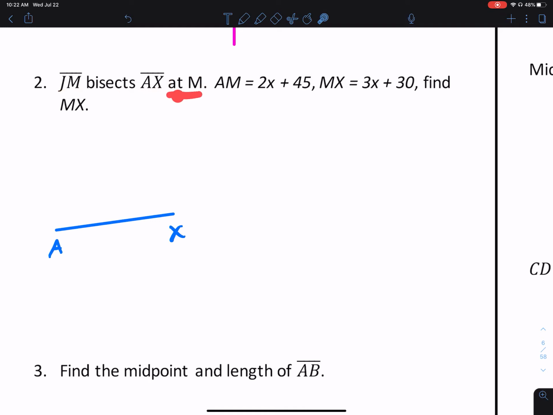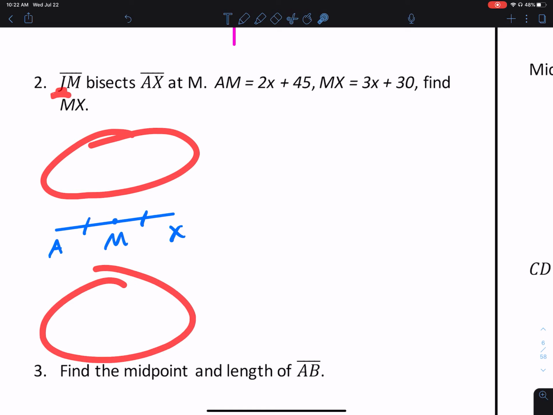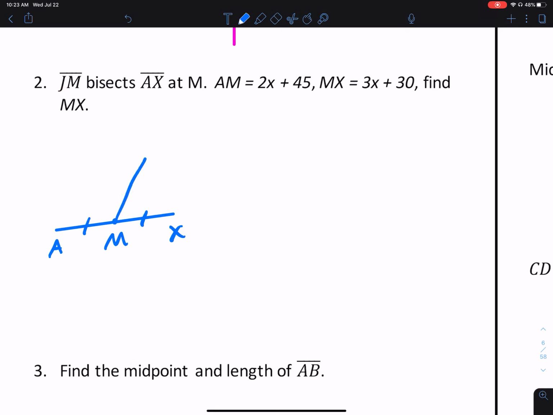Here's what that tells me. M has to be on segment AX. Specifically, M has to be the midpoint. J could be up here someplace or down here someplace. It doesn't make a difference. It's a segment. Now let's see if this represents what the words say. Segment JM, I have segment JM.